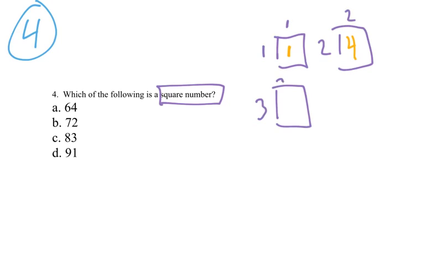Side lengths of 3 and 3, 9 is a square number, and on and on and on. So you're looking for one of these answer choices where you could say this equals a number times itself. The answer would be A, because 8 times 8 is 64.